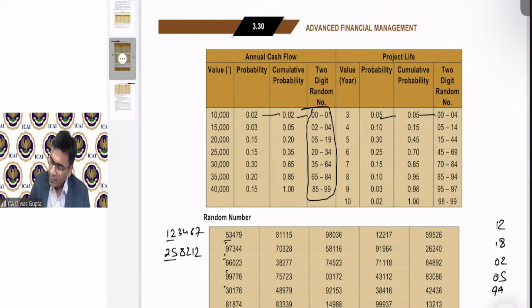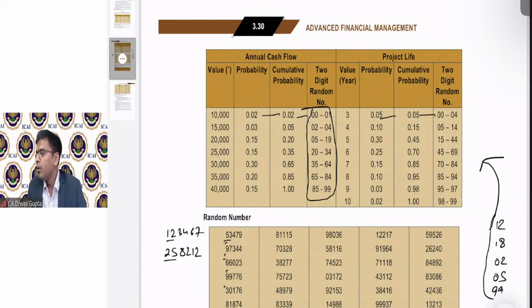And use these random numbers in the above table. You're getting my point? So there is no basis for making this. Even if you want to try after this session, between today and tomorrow, try it in Excel. There is a function called RAND. Excel will also throw any random number to you, and generally it is being used.